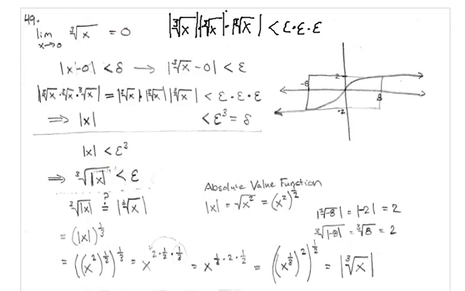That if I cube epsilon, and I find epsilon times epsilon times epsilon, it should be still greater than the cube of the cube root of x.